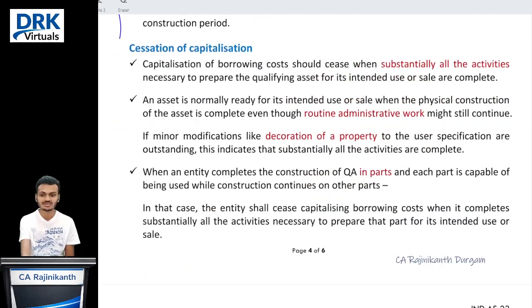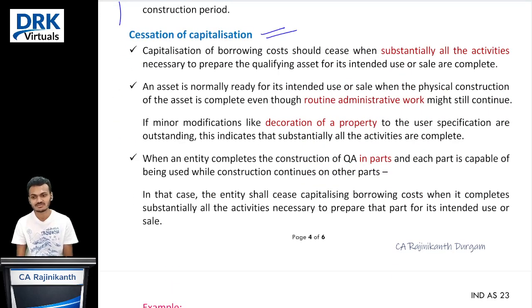Now we are going to discuss permanent stoppage. When should we stop permanently the capitalization of borrowing cost? The standard is saying that when substantially all the activities necessary to prepare the qualifying asset are completed for its intended use or sale, as the case may be, you can stop.